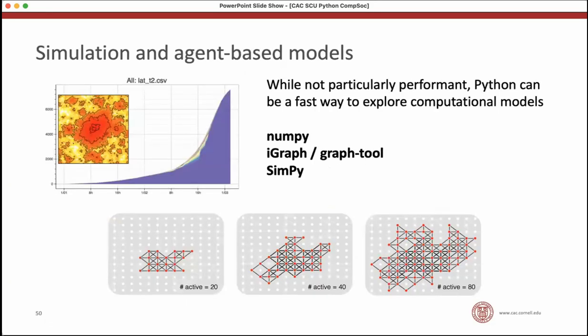Python's also good for simulation and agent-based modeling. It's not particularly performant, but it's a good way to get started. If you're going to do simulation and agent-based models, NumPy and iGraph are ones I've used. Graph-tool looks like it would be a good bet, but I haven't used it yet. It's relatively new. There's also a package for modeling called SimPy that is for event-driven modeling.